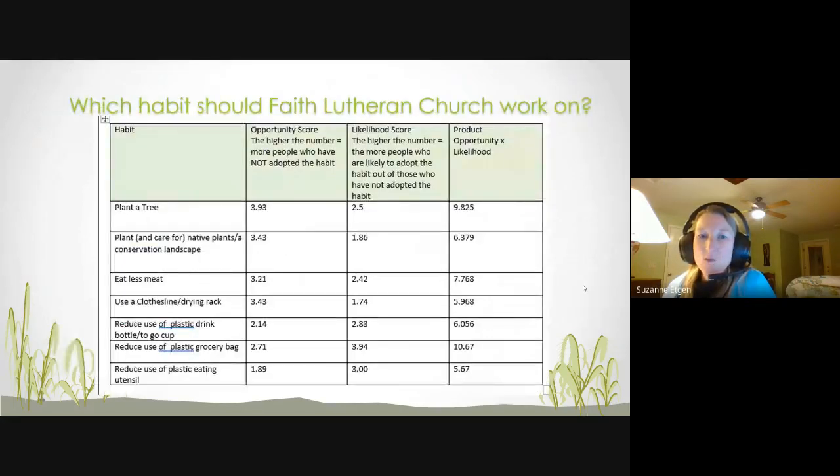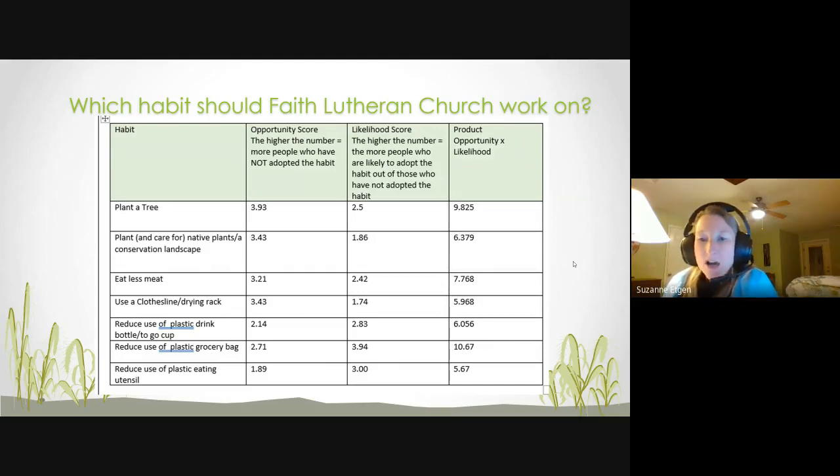And what I did is I went through all of the survey data, and I noted the opportunity scores for all of the behaviors, and I noted the likelihood score. And then I decided I would multiply those. So opportunity times likelihood. And what you see in the far right column is a comparison of how well or poorly the congregation is likely to adopt a certain behavior.